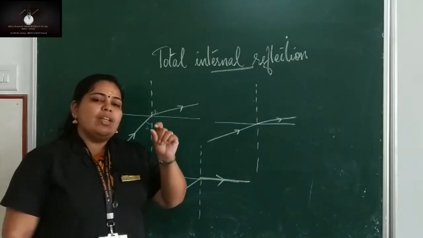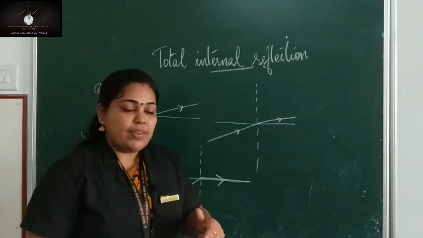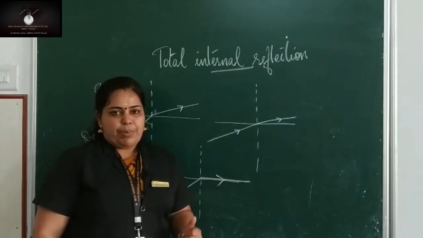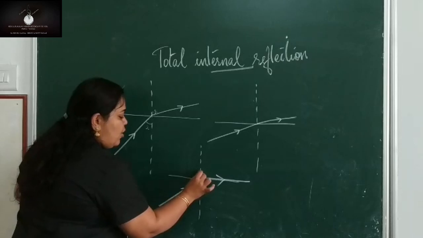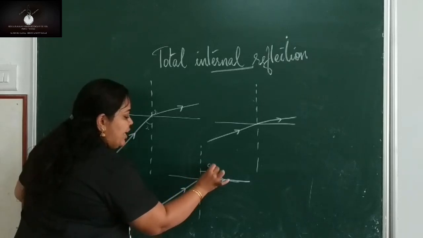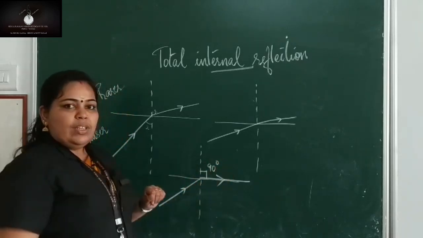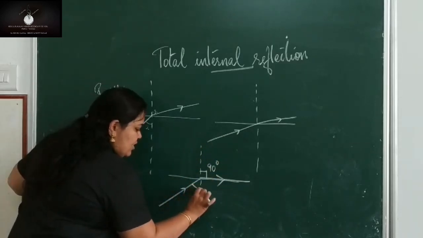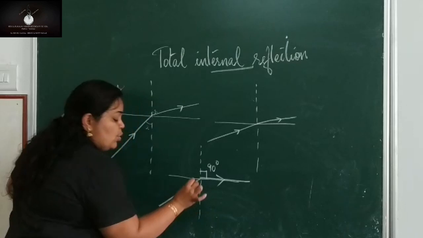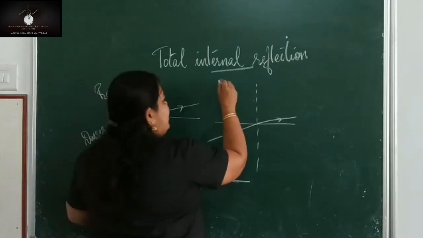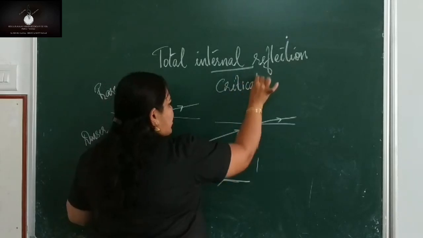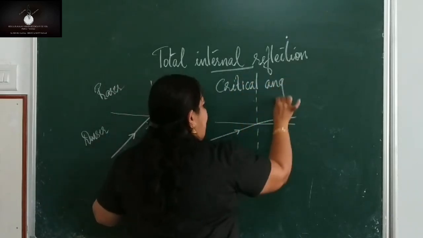Okay, at only one particular angle, what happens? That refracted ray moves along the surface of separation. At that time, the angle of refraction will be 90 degree. That particular angle of incidence is known as critical angle. Okay, it is known as critical angle.